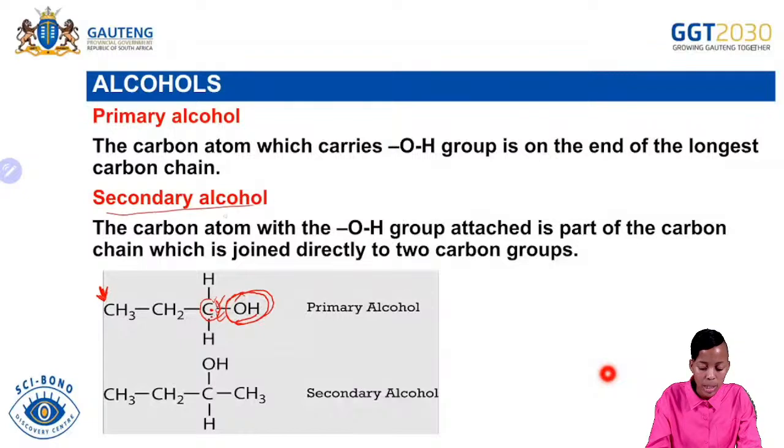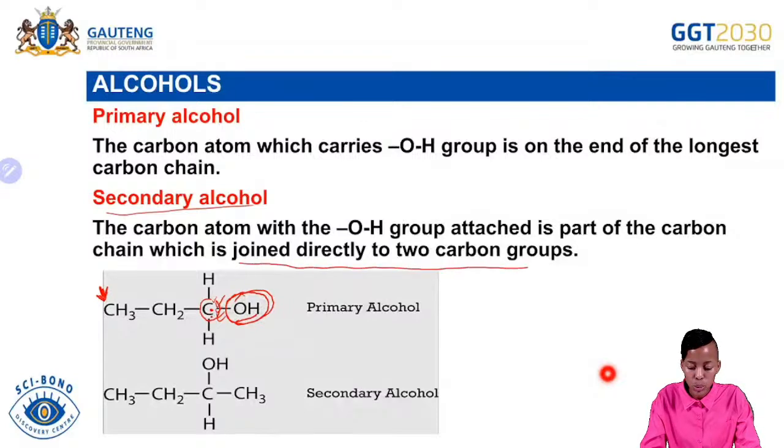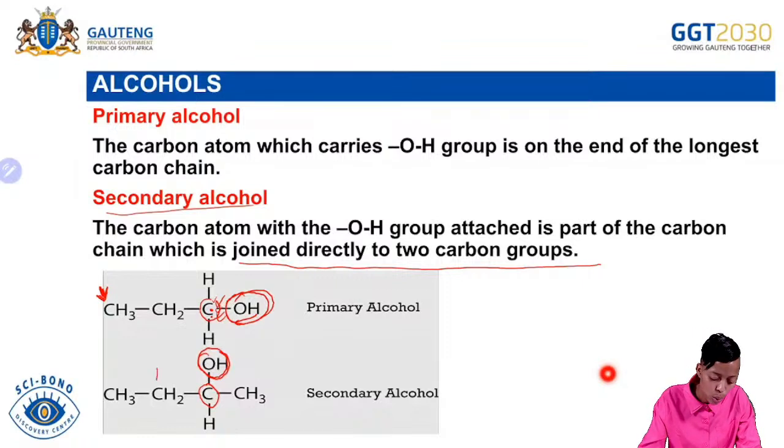Secondary alcohol, it says the carbon atom with the OH group attached is part of the carbon chain which is joined directly to two carbon groups. So this carbon which carries the OH group is attached to two other carbons.